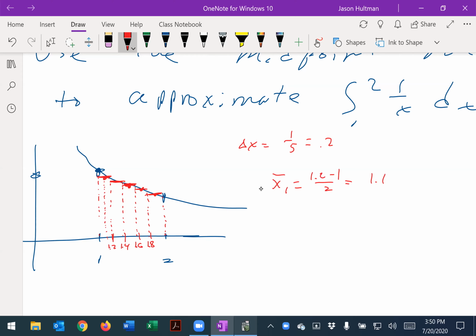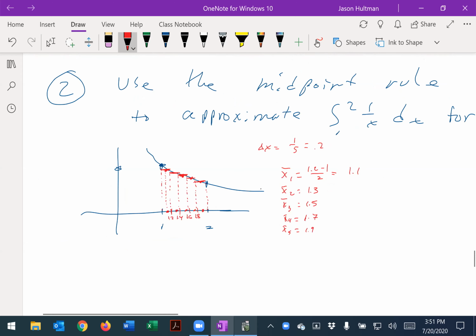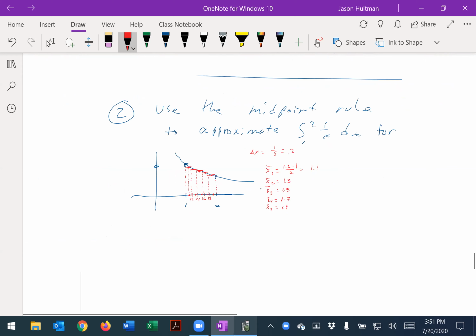So this is 1.1, this is 1.3, 1.5, 1.7, and 1.9. So x bar 2 is 1.3, x bar 3 is 1.5, x bar 4 is 1.7, and x bar 5 is 1.9.